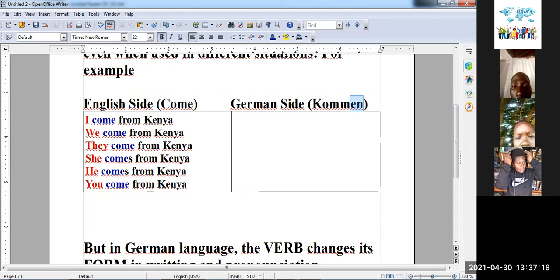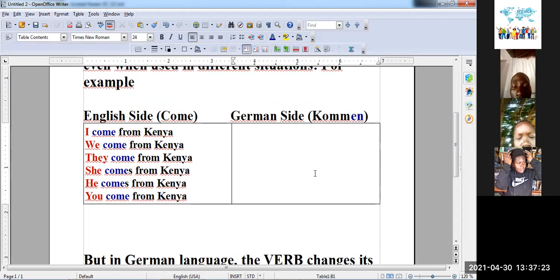To start with, any German verb in its original form must end in en, like I've shaded. Kommen. Whatever verb you come across in German, it ends in en. That's a plus. So here we put kommen, to come.